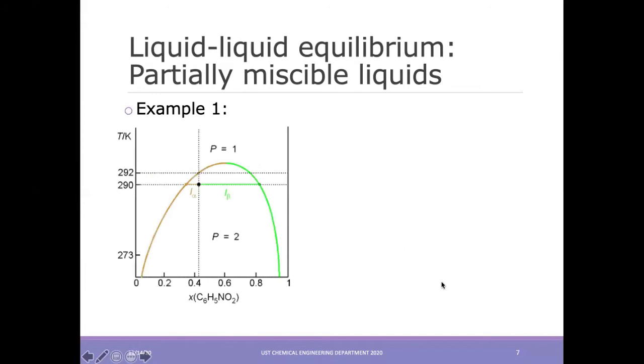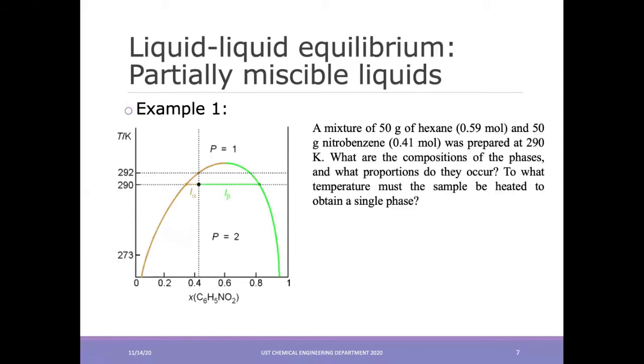Now, let us try to analyze example number 1. In example number 1, a mixture of 50 grams of hexane and 50 grams of nitrobenzene was prepared at 290 Kelvin.